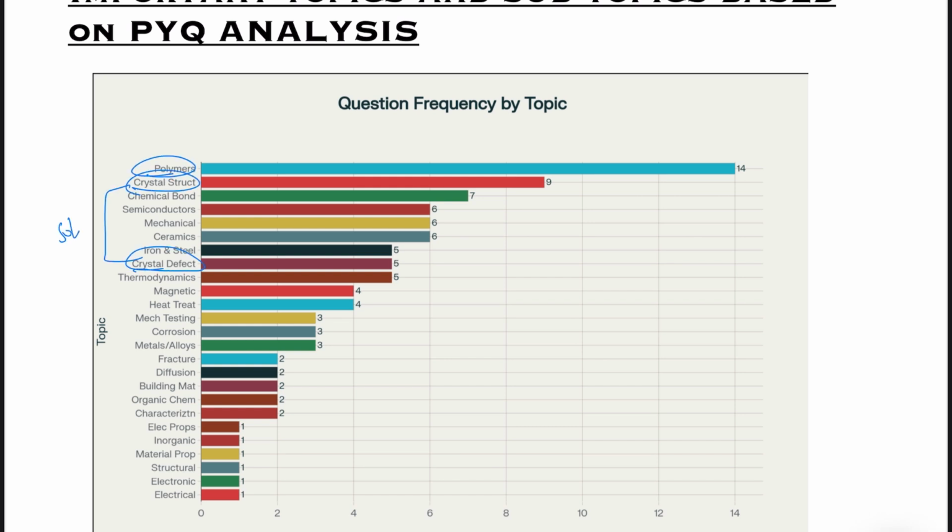Basically, it is a chapter called solid state, followed by chemical bonding, and then semiconductors and thermodynamics. The rest of the topics pertain to the core material science aspects, where we'll be discussing various metals, their alloys, their mechanical properties, how to test the mechanical properties, various heat treatments, and so on.